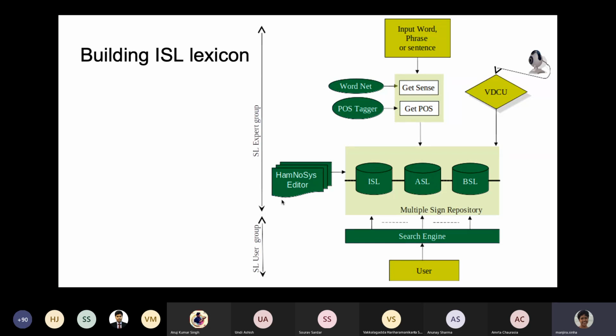Second thing is that in a sign language generation system, whether it is machine translation or a pre-built sign language lexicon, this Hamnosys notation is a pretty standardized notation.